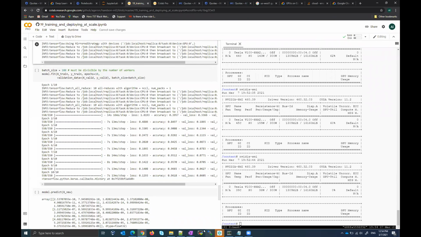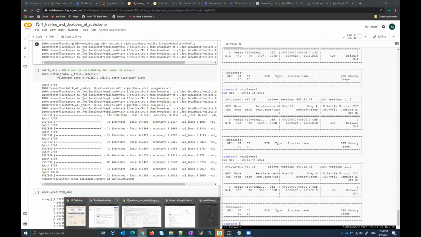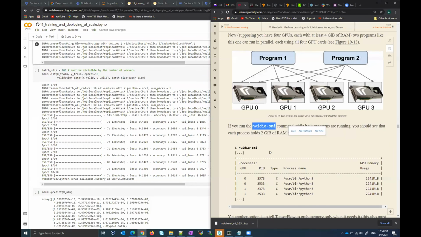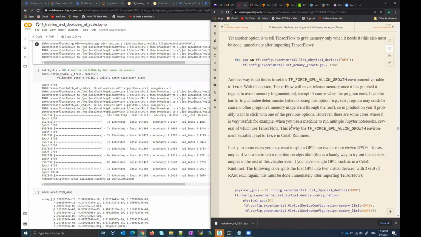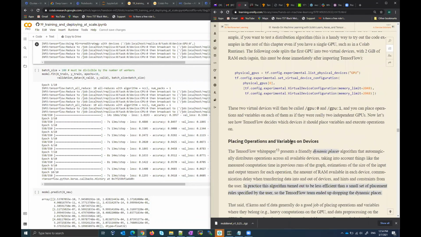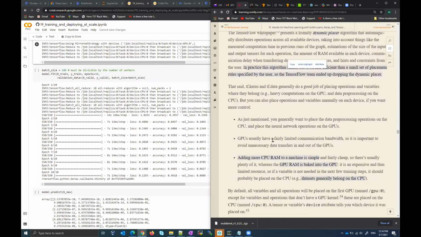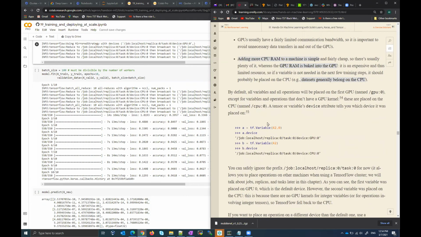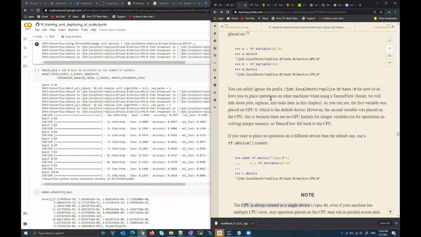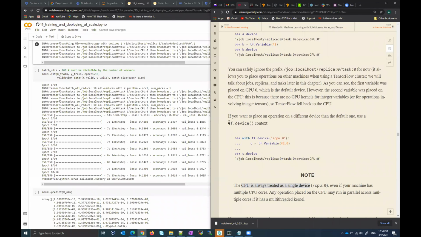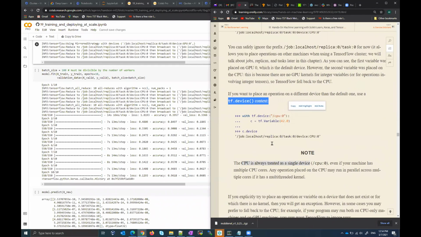You mean, yeah, I saw some virtual GPU commands in the book, right? Yes, yes. Okay, you can specify which one.